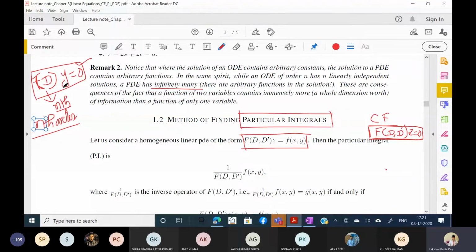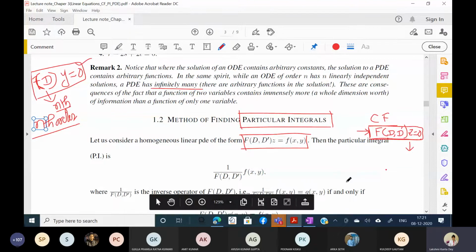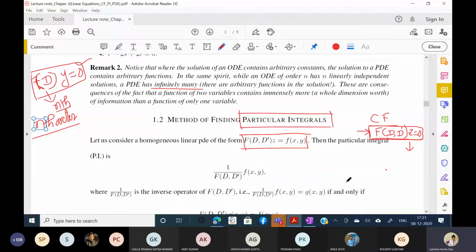That means the solution space forms a finite dimensional vector space. Clear? Because for the PDE we can create infinitely many linearly independent solutions.